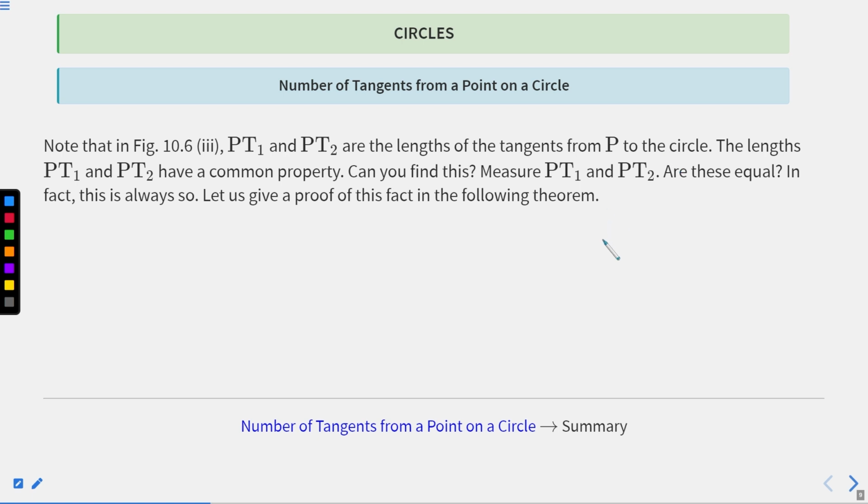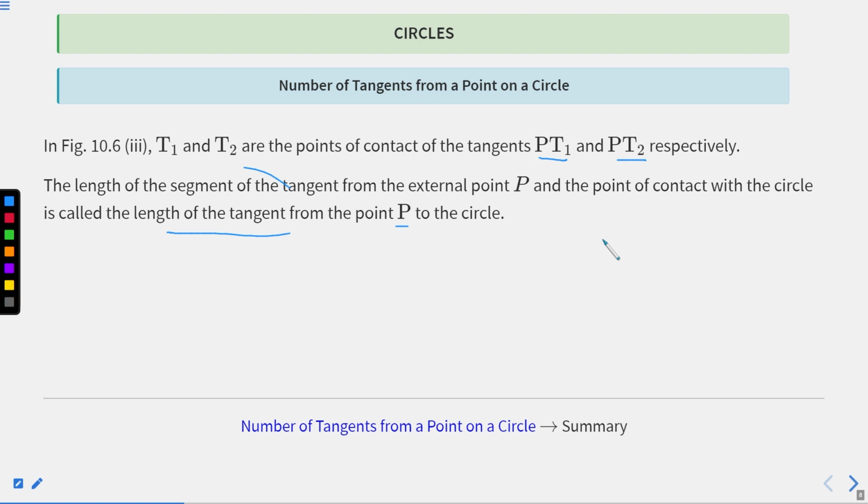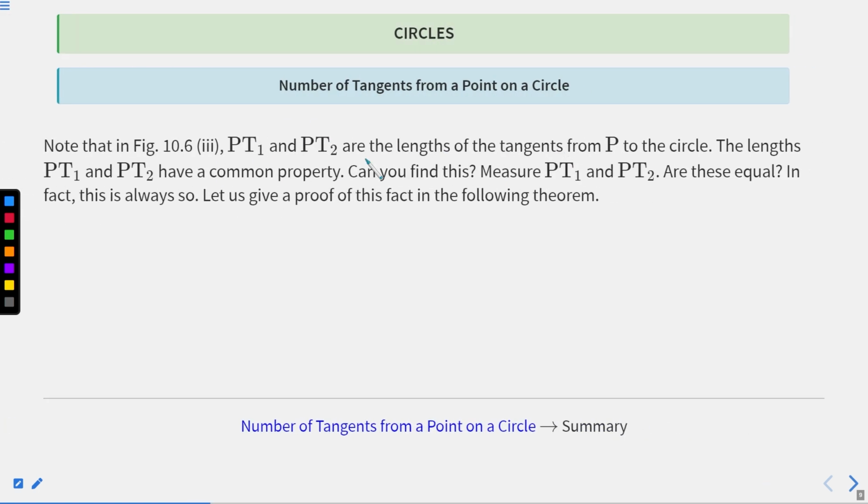T1 and T2 are the points of contact of the tangents PT1 and PT2 respectively, and they are the lengths of the tangents from point P to the circle. The lengths PT1 and PT2 have a common property. Can you find this property? That property we will discuss here.